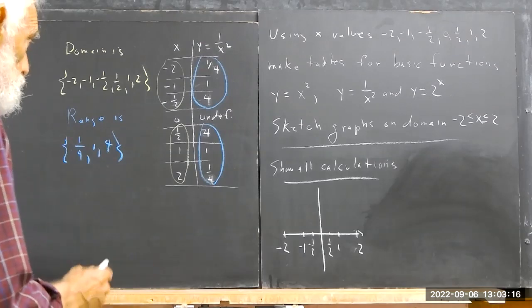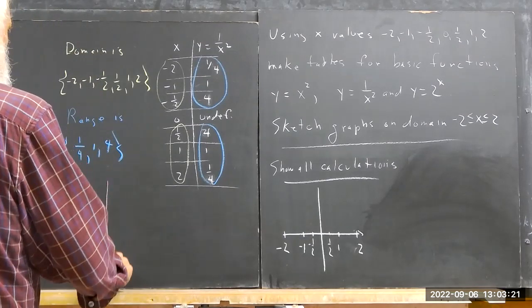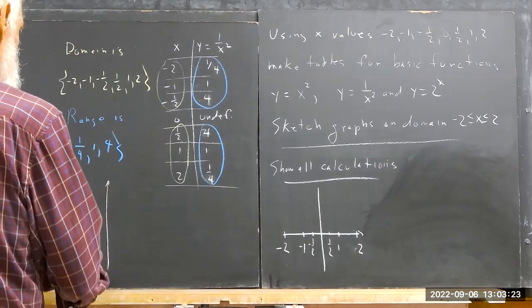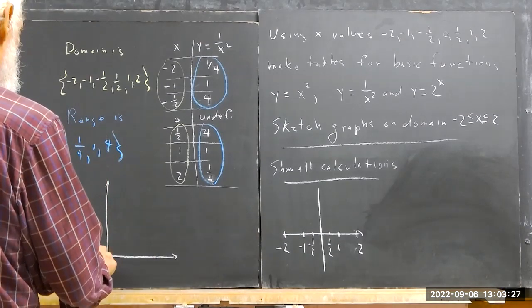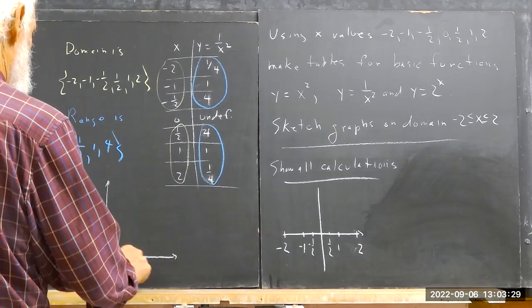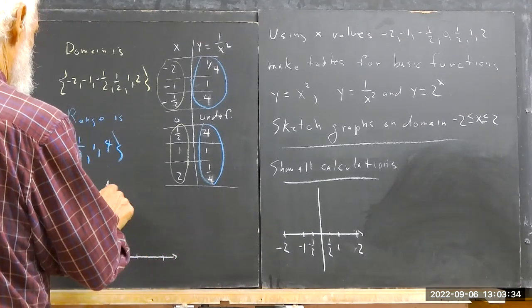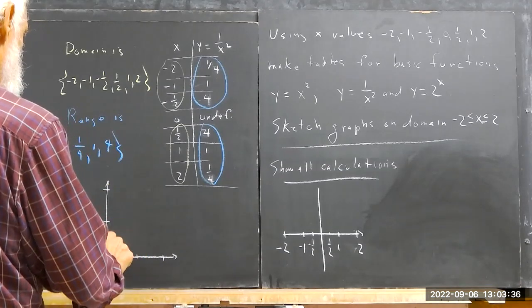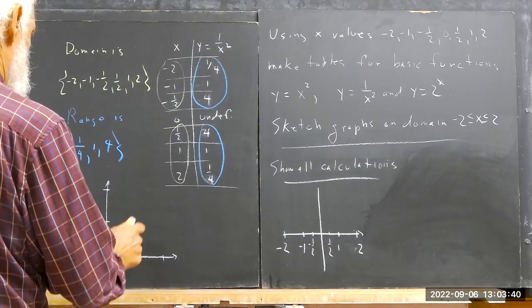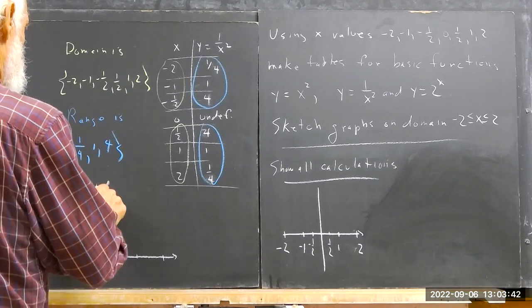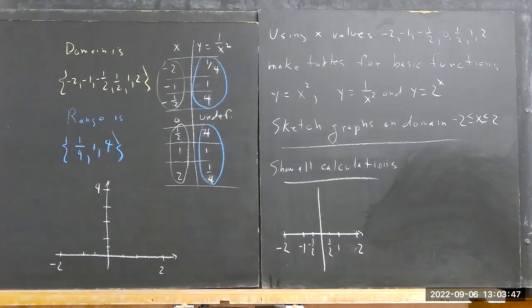If I graph this function, here's 4, here's -2, here's 2. You know what these other numbers are.